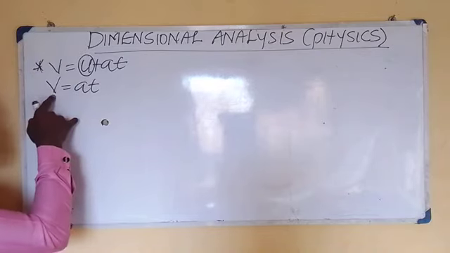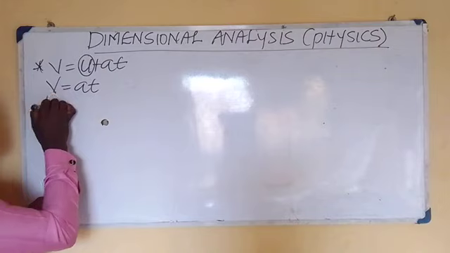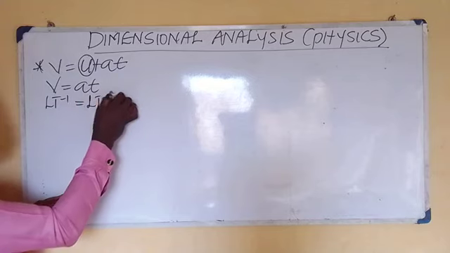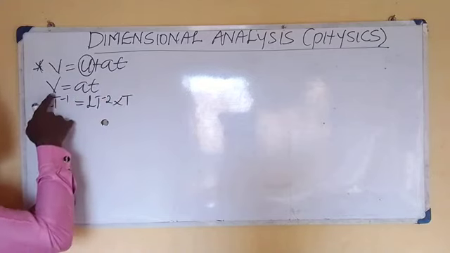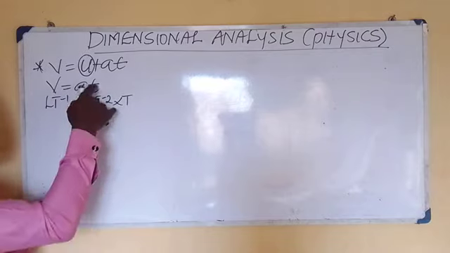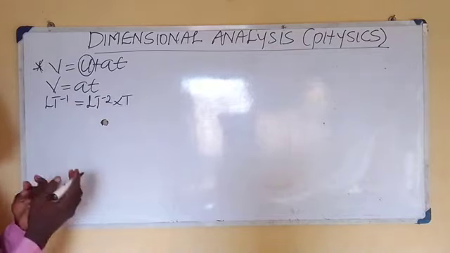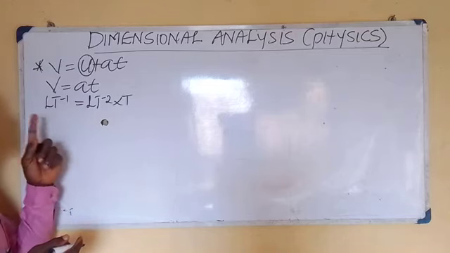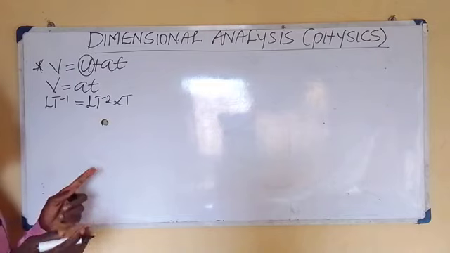So v, which is velocity, is LT minus 1. Acceleration is LT minus 2, times T. So what do I do next in order to prove this? This is what I'm going to do.